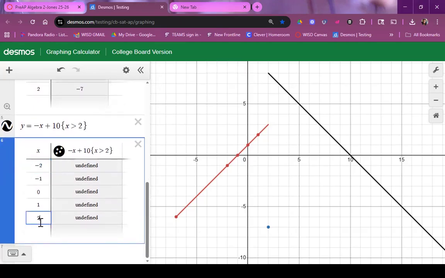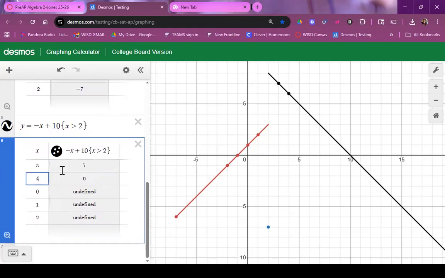So when I start here, it's not 2 because 2 is only equal here. I would have to put in values that I can graph. So I can graph 3, I can graph 4, I can graph 5, I can graph 6, I can graph 7. Do you get where I'm going? Okay. I show you the technology as an aid, but we already know how to do it without it. Does that make sense?